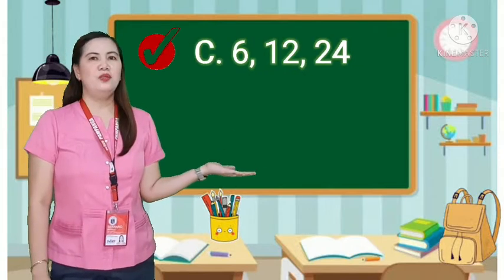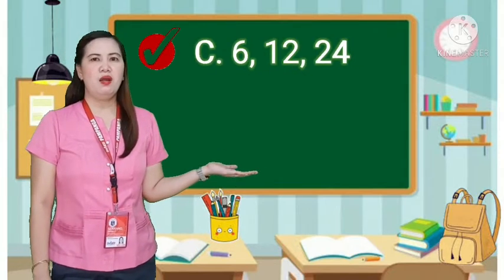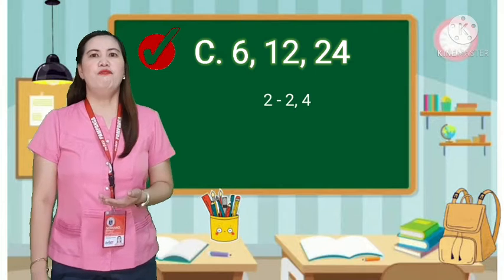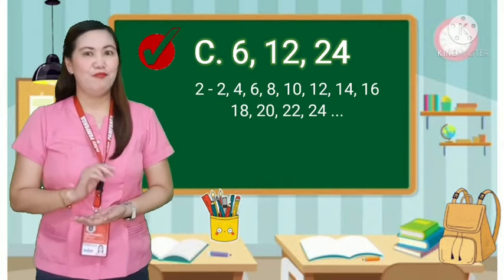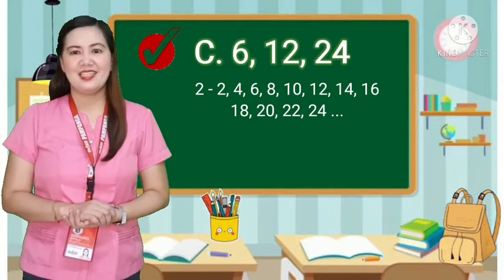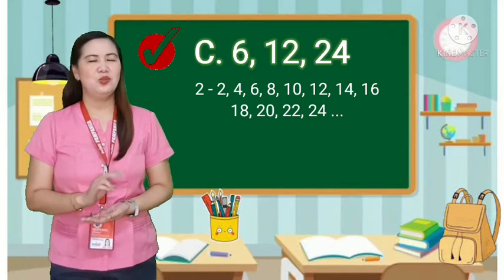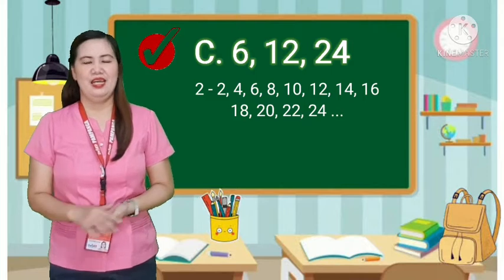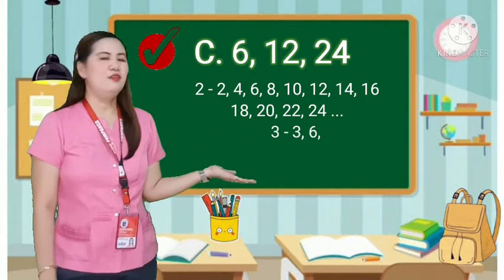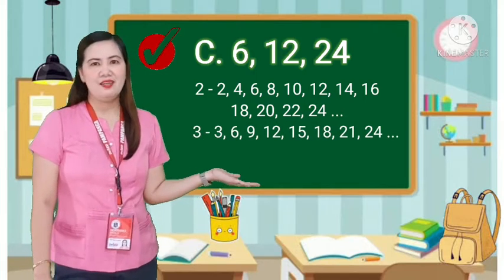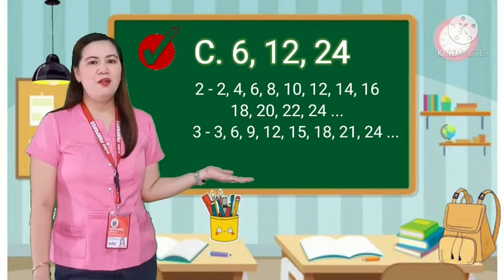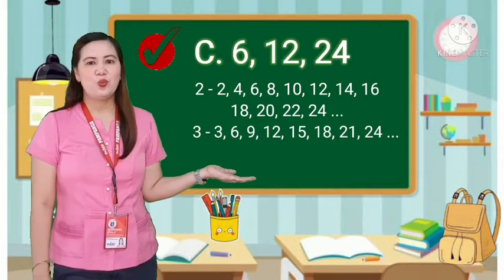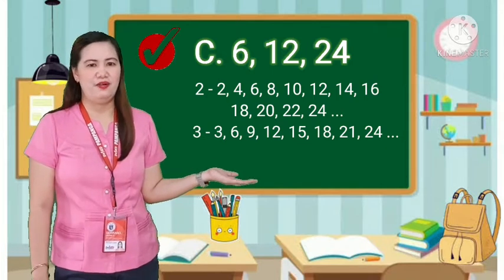To list down, the multiples of 2 are 2, 4, 6, 8, 10, 12, 14, 16, 18, 20, 22, and 24. And then the multiples of 3 are 3, 6, 9, 12, 15, 18, 21, and 24.